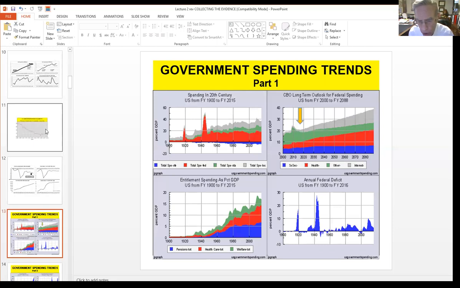If we just look at the upper left-hand column, we see the trend in government spending. You can see that the red is federal, the green is state, the gray is local government. There's a little blue line at the bottom, and it goes negative. Why is that? Because the federal government allocates funds. It distributes tax monies to the states that then spend the money.